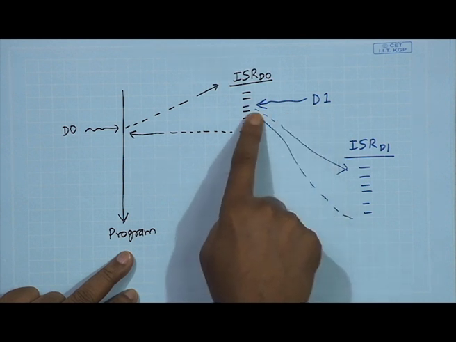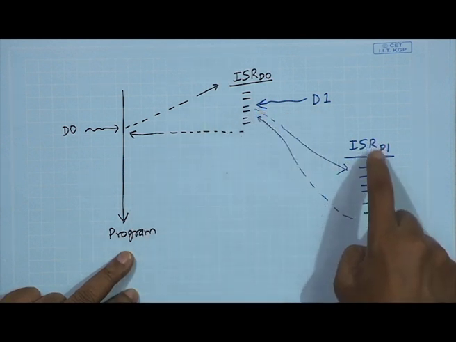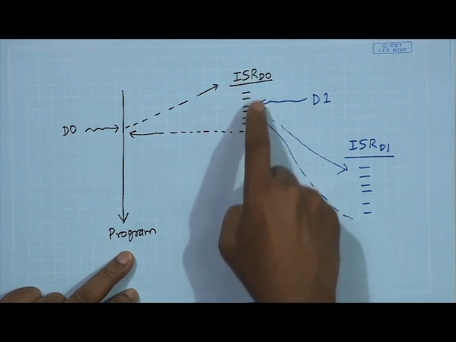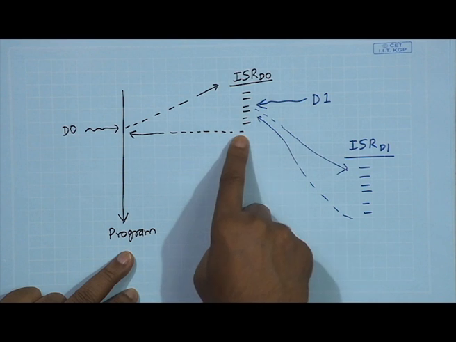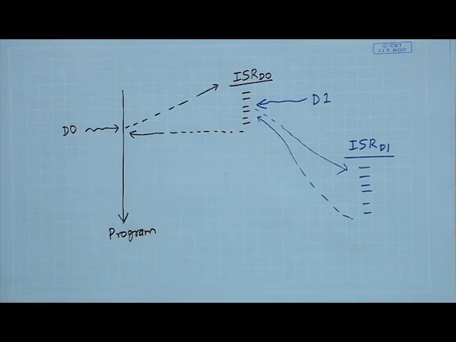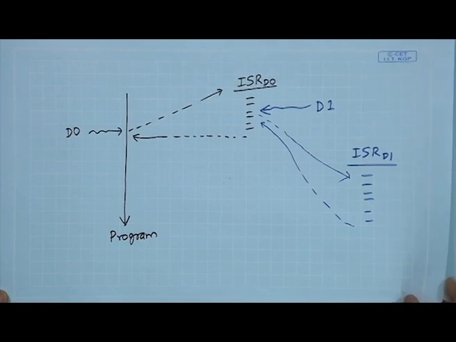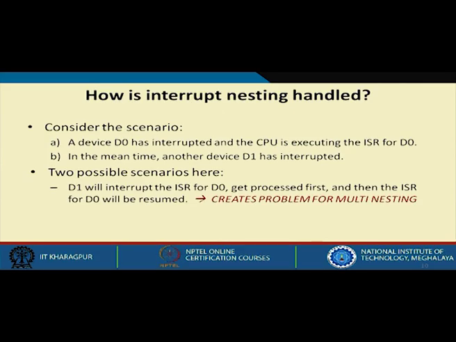So, when the D1 interrupt comes, the ISR of D1 will be processed first, then it will come back and the ISR of D0 will be resumed and then finished. Okay. Now, this will involve nesting of interrupts and theoretically any arbitrary number of such nestings can happen, because interrupts may appear one after the other. So, some important interrupt request which came earlier might get delayed for its processing.